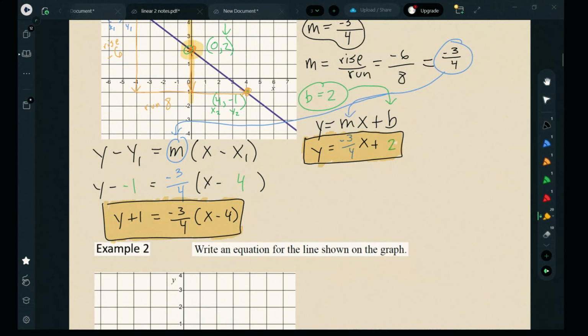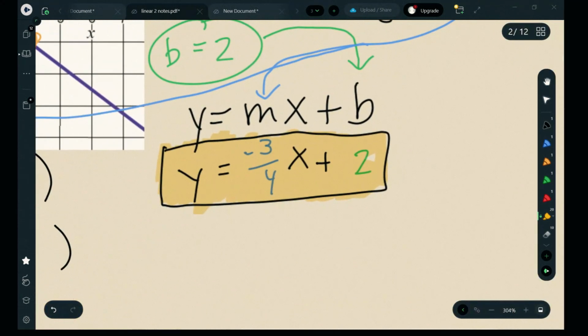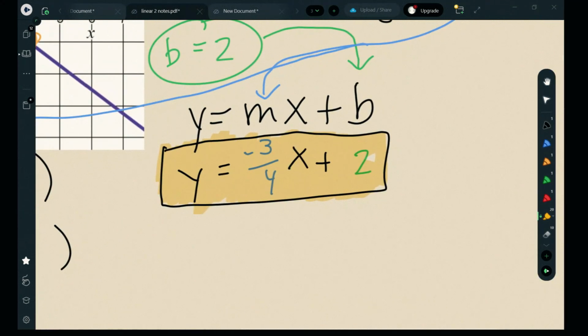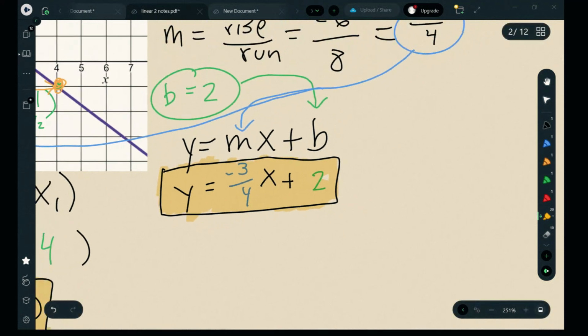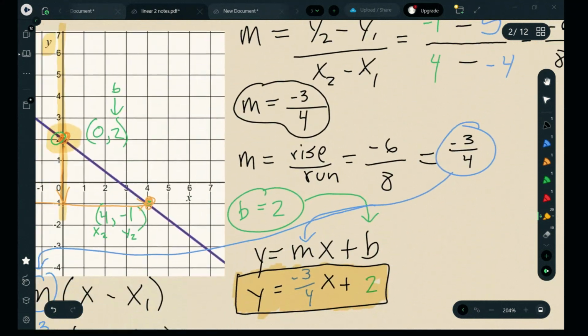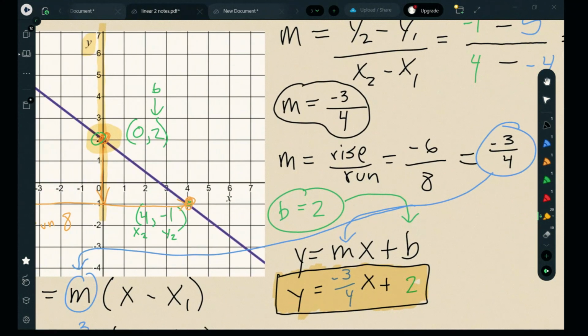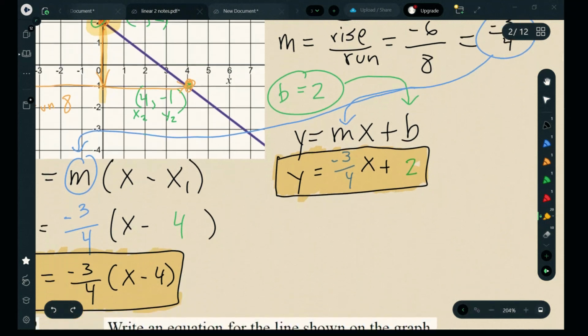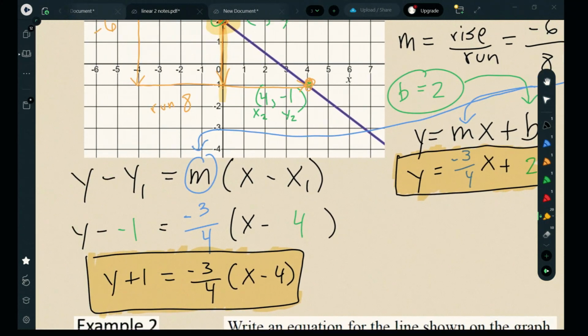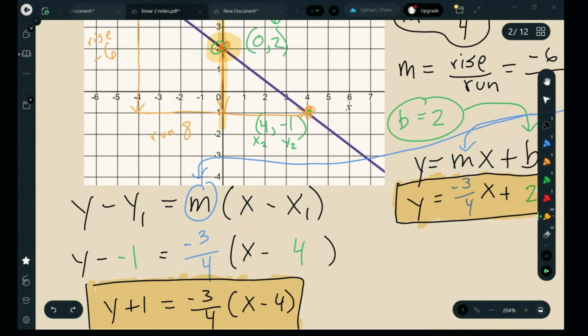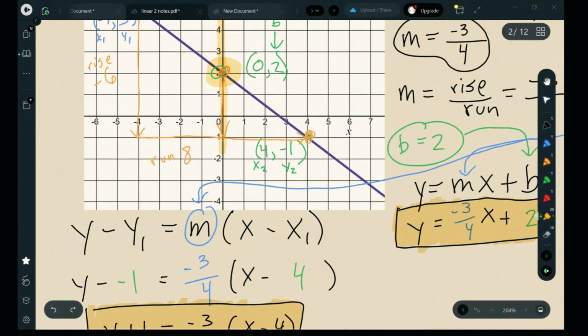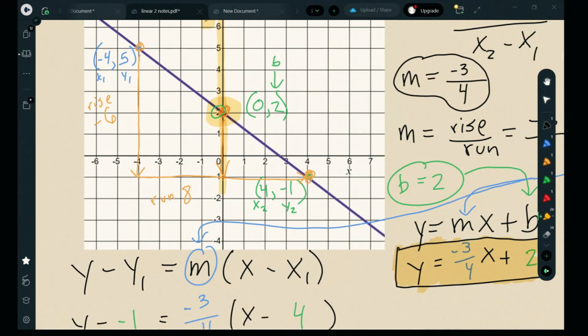And just so you know, with y equals mx plus b, there's only one way to write this equation of the line because there's only one y-intercept. The b value comes from right here. That's the only y-intercept. But when you use point slope form, you can pick any point. So I chose this point and plugged in the numbers. If you had done it with this point, you would get a different equation, but it would still produce the same line.